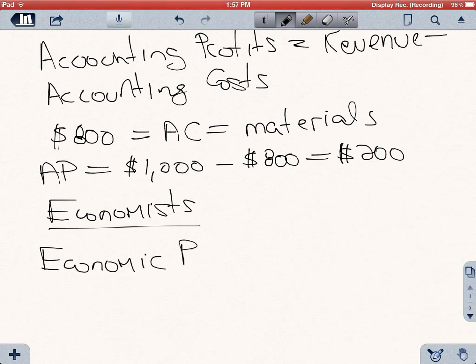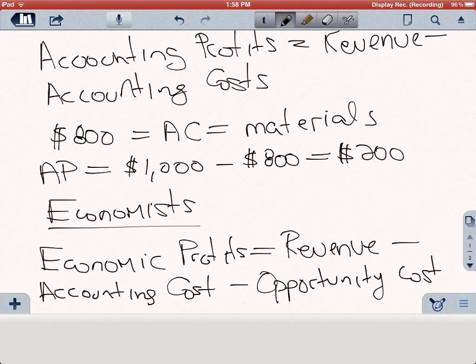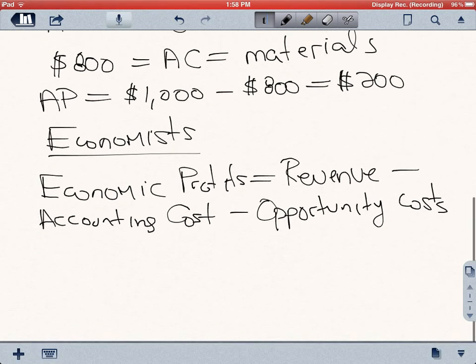So the economic profits are going to be equal to your revenue, yes, minus the accounting costs. But the economists also add something else to the equation, which is the opportunity cost. So for an economist, costs are of two types. One is the accounting costs, but also the opportunity costs.